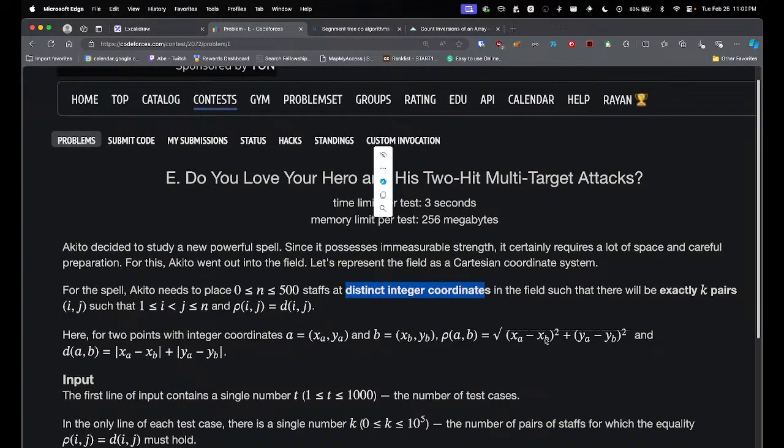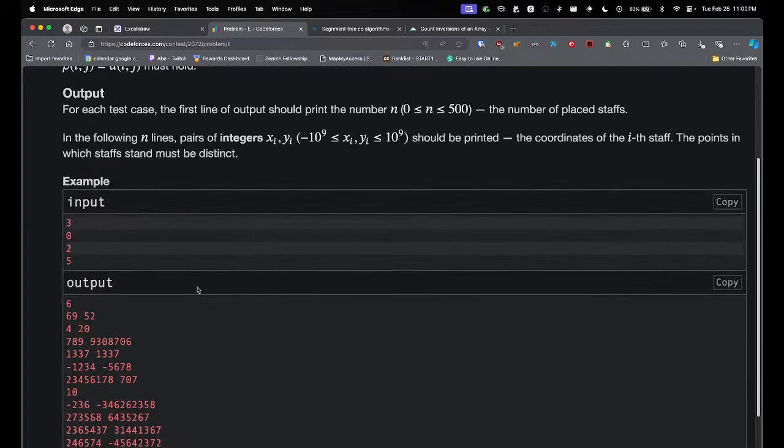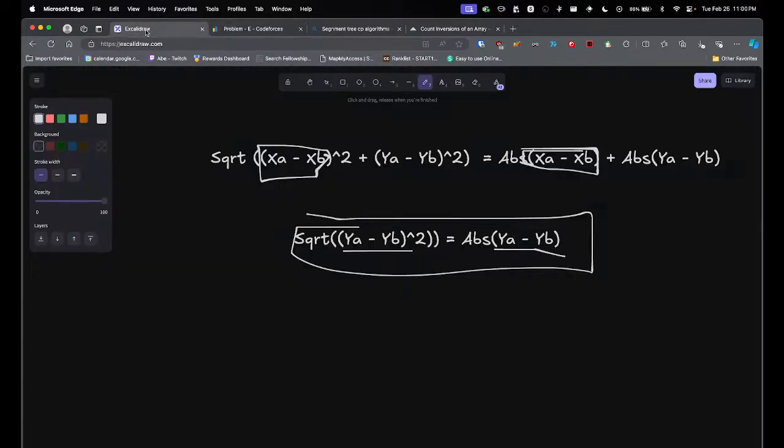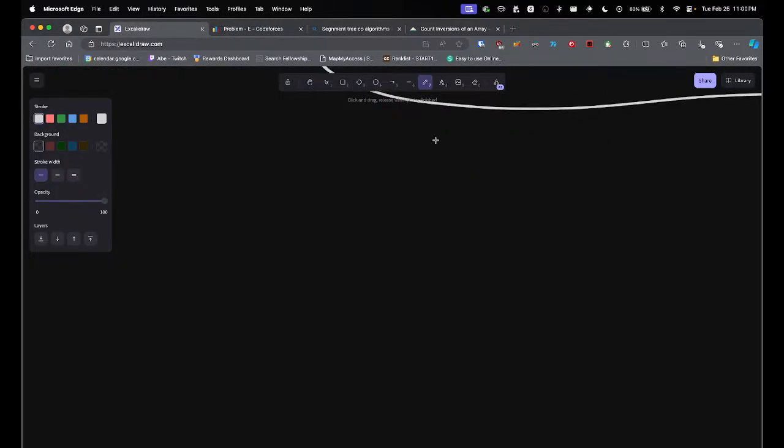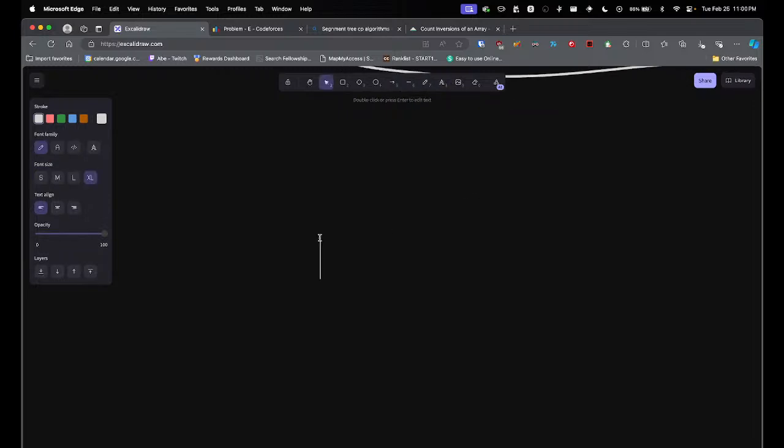Now my approach, how I came up with a solution: let's say I fix everyone's x coordinate to 0. Everyone's x coordinate is 0. Then I do this for as long as I can.